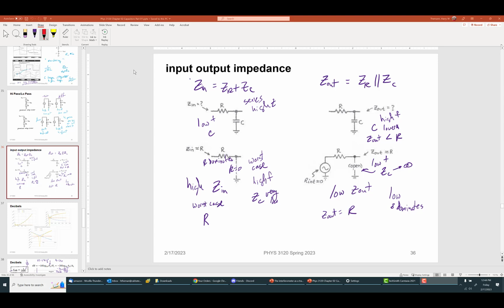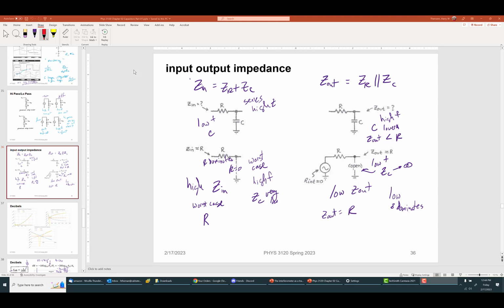As the frequency gets higher and higher, the capacitor's resistance tends to go to zero, and all that's left is R. So the lowest Z in you're going to get is R, the worst case. At any other frequency, it's going to be better. And it doesn't matter what order they're in, which is the weird thing.